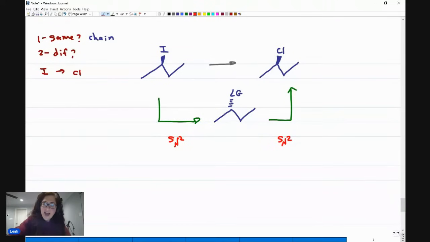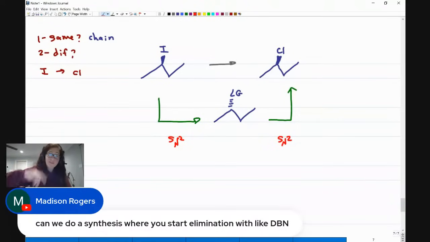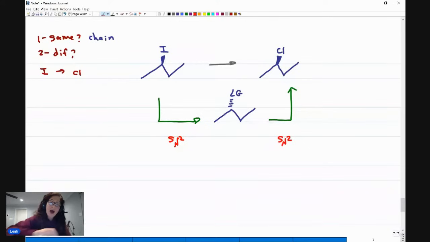And to clarify, I can't do an elimination here because the pi bond is sp2 flat, and that can get attacked from the top or the bottom. So now that I know that I can do a double SN2 substitution, the question is, how am I going to carry this out?